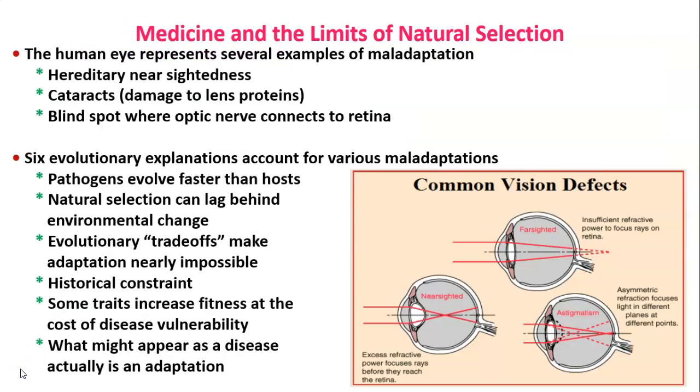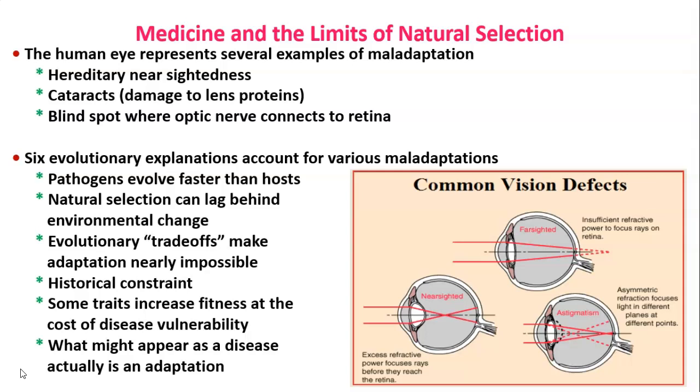Now, of course, you've heard about natural selection ever since you took Bio 181 or earlier, and certainly natural selection has popped up over and over again in our evolution textbook from different angles. Interestingly, though, in this topic of evolutionary medicine, we're discussing the limits of natural selection.